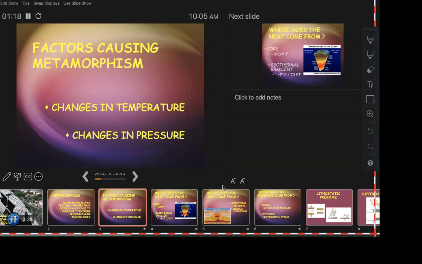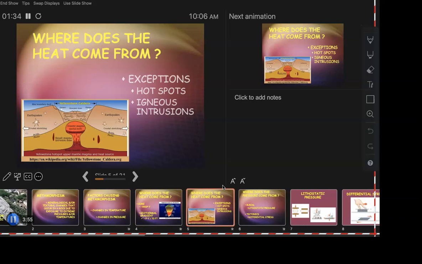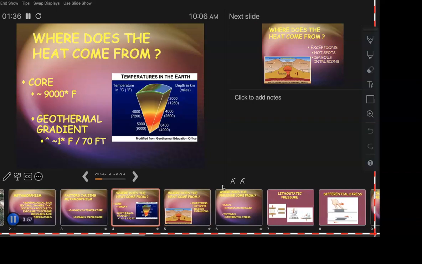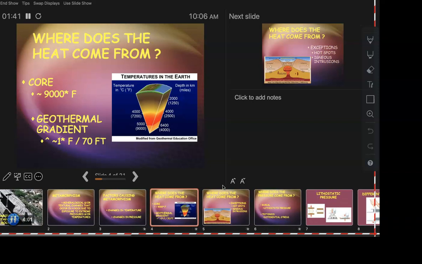So, factors that cause metamorphism, we've got two. Changes in temperature and changes in pressure. We'll tell you how you achieve both of those, of course. All right, so the easiest way is to bring the rock into the earth.